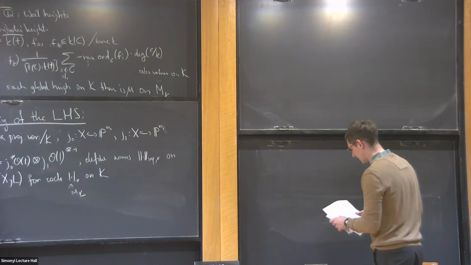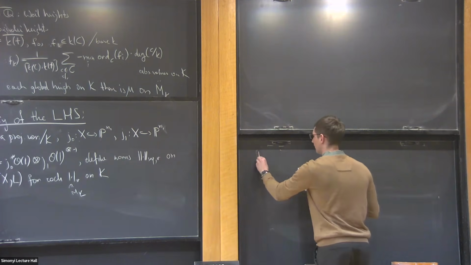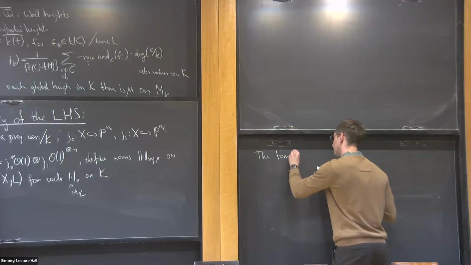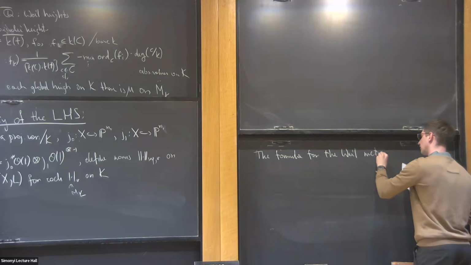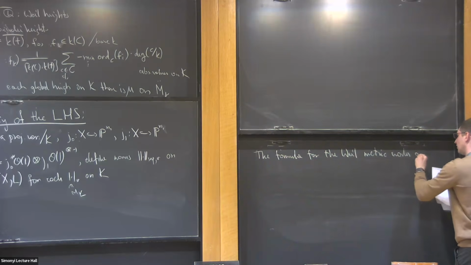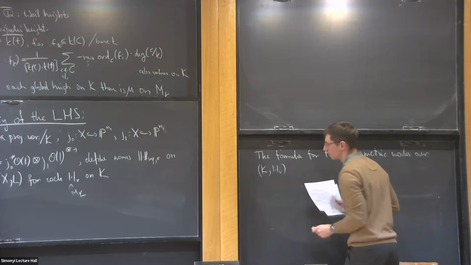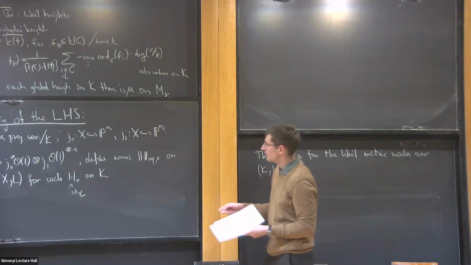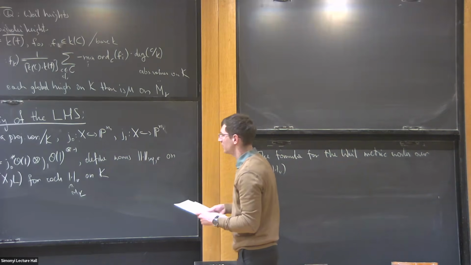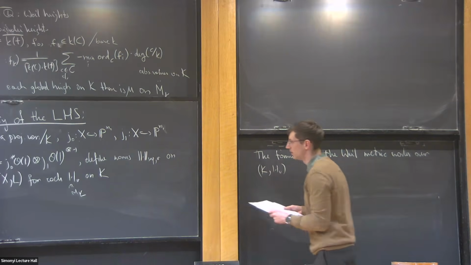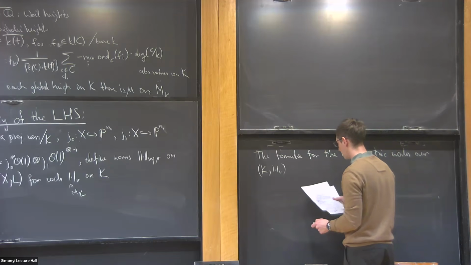So the point is that this formula for the Weil metric works over K with this particular absolute value. So if I have a section on P^n of O(1), I can measure its norm, if my base field is equipped with some norm, just by looking at the norm of the evaluation divided by the maximum of norms of coefficients.